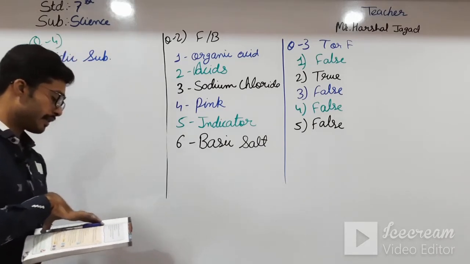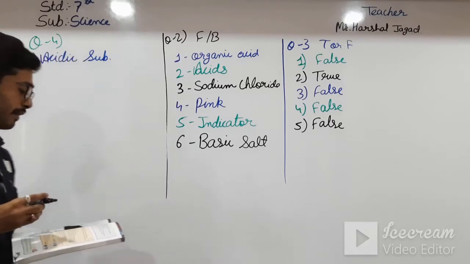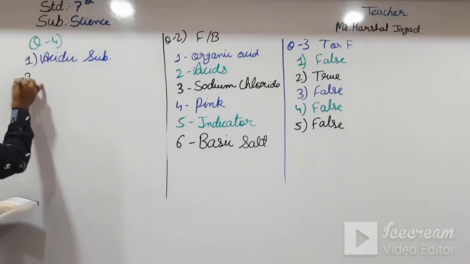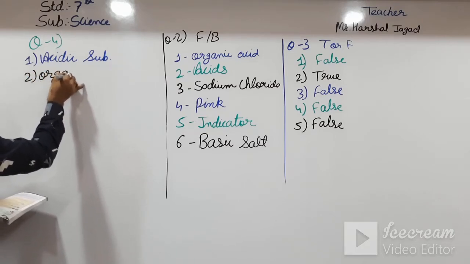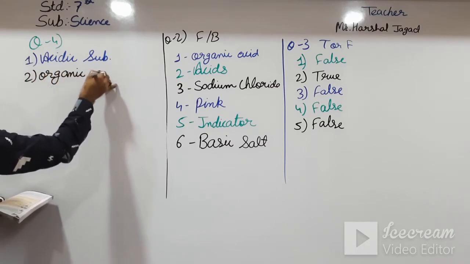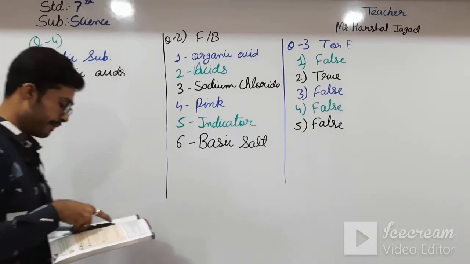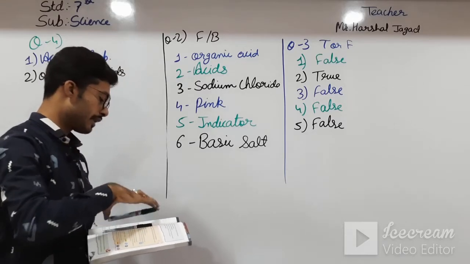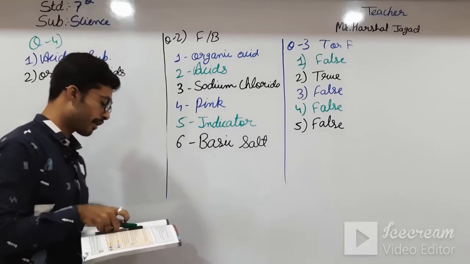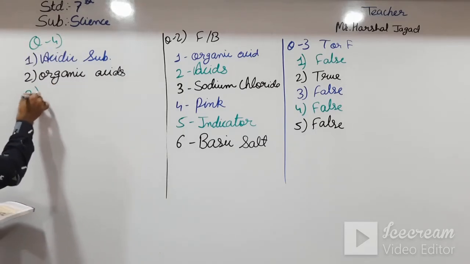Second, acids that occur naturally in plant and animal materials are known as organic acids. Third one, acids that have a greater quantity of water than acid are dilute acids.